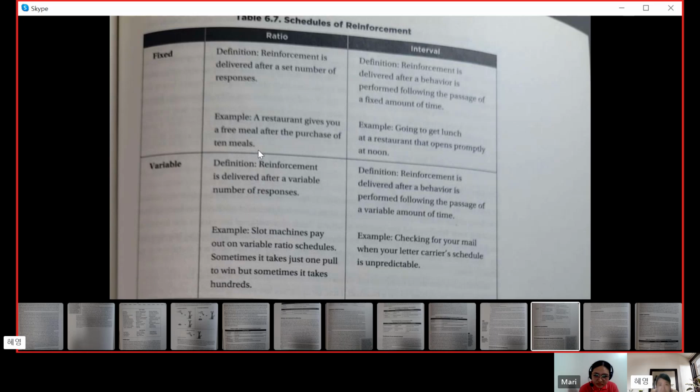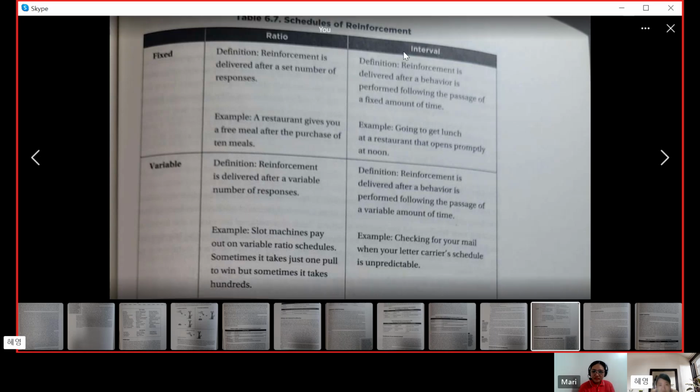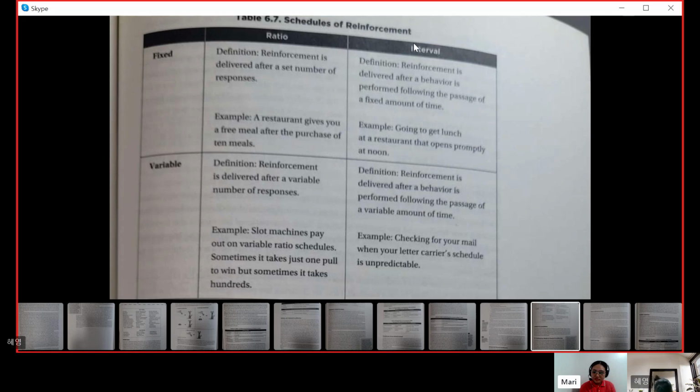This is a good example. And interval: reinforcement is delivered after a behavior is performed following the passage of a fixed amount of time. Let's look at an example: going to get lunch at a restaurant that opens promptly at noon.